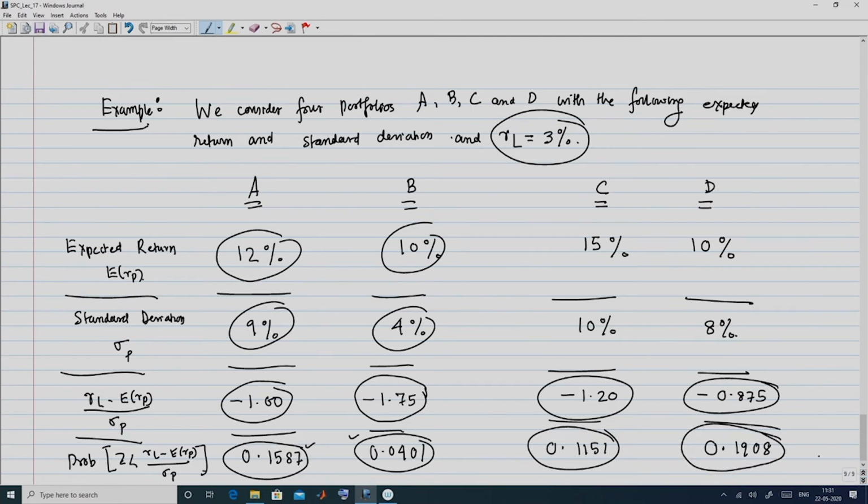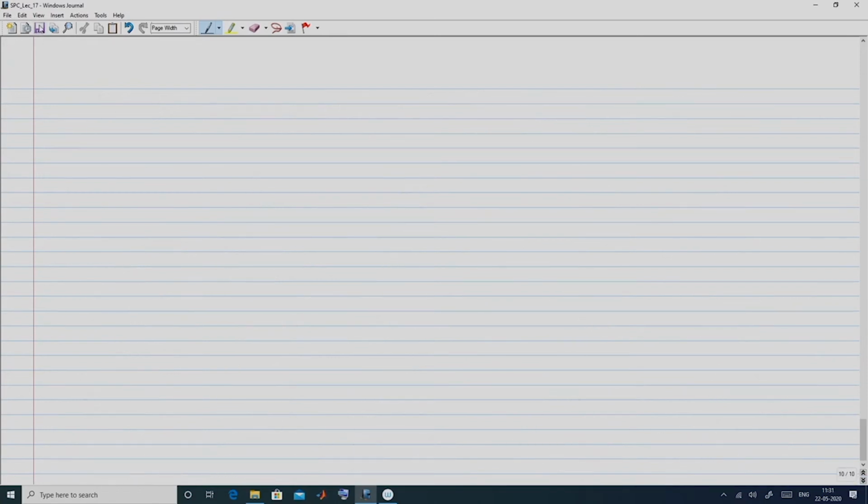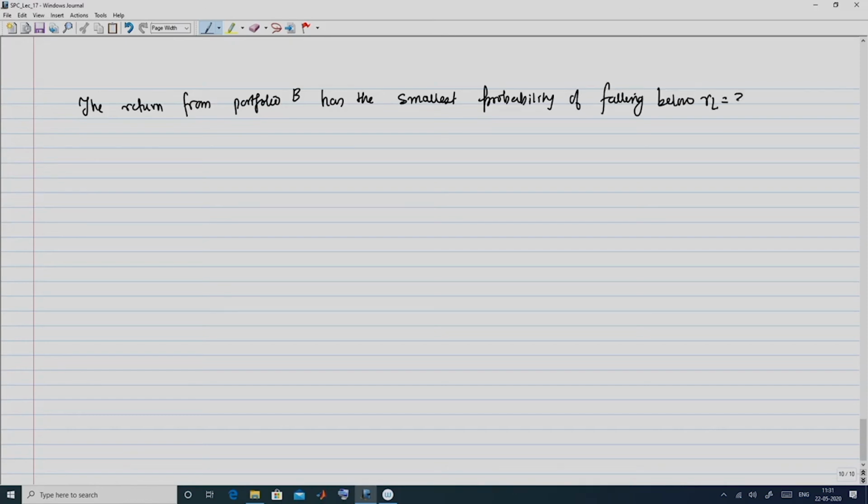Okay, so now you remember that the Roy's safety first criteria basically means that we look for the minimum of this probability, and the minimum for this probability is going to be this one. So, accordingly I can write that the return from portfolio B has the smallest probability of falling below R L equal to 3%.